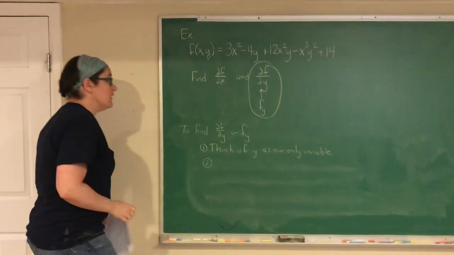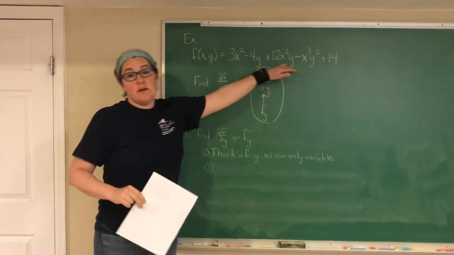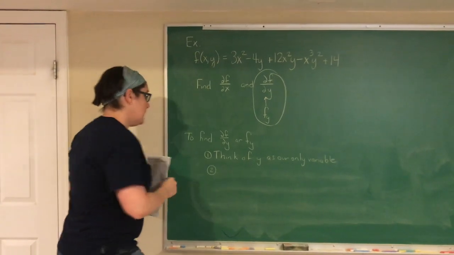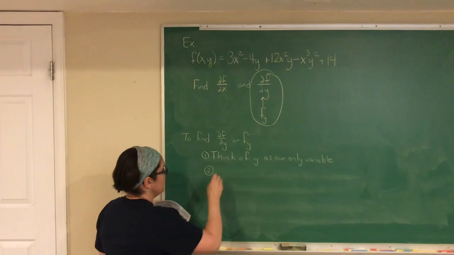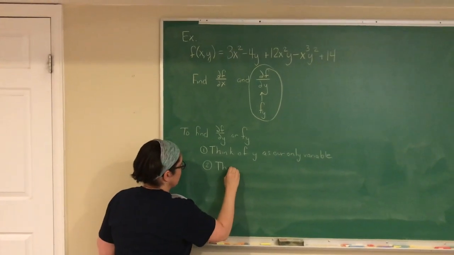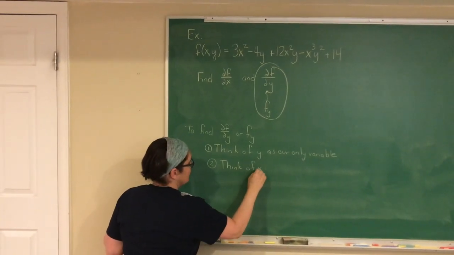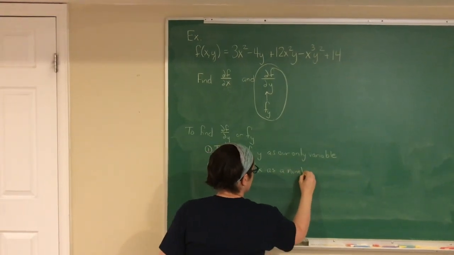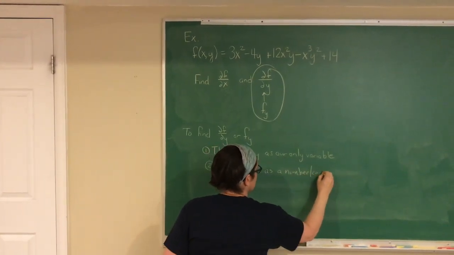And any other input variable that we have, in our example up here, our input variables are x and y, we want to think about any of those other input variables, in this case x.